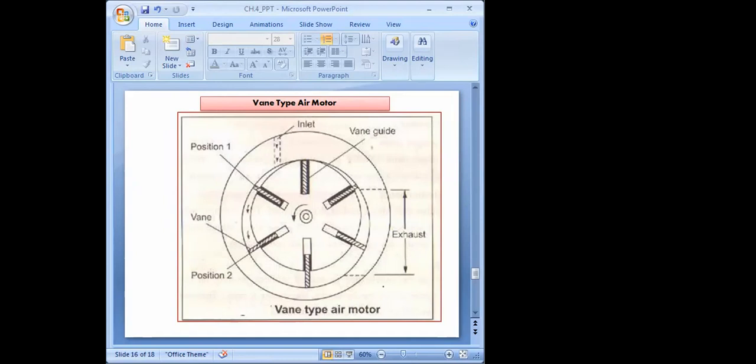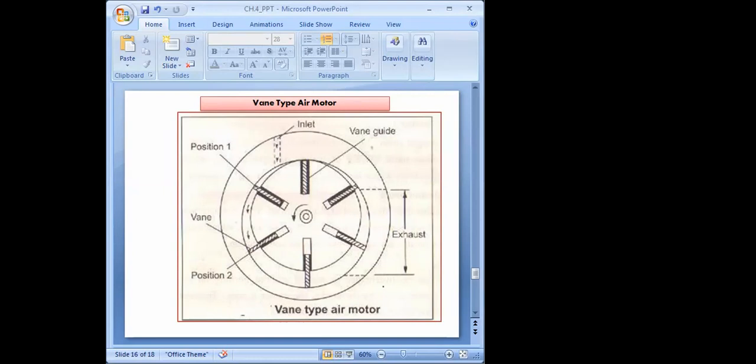This rotor and the vanes are enclosed in this housing, the inner surface of which is offset from your drive shaft axis. You can see it is offset from this drive shaft.